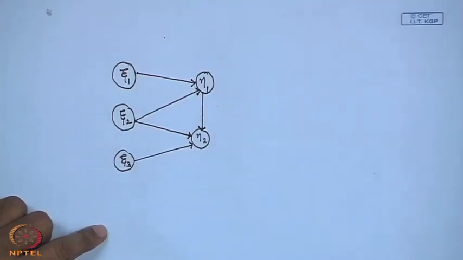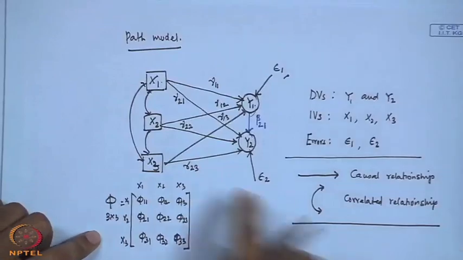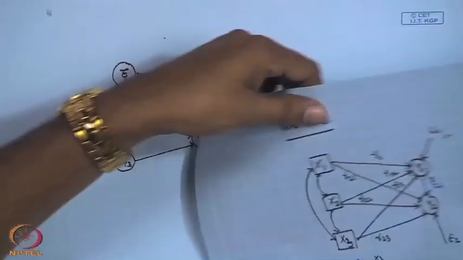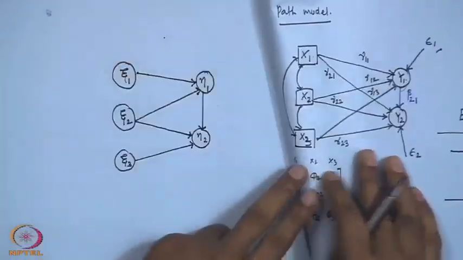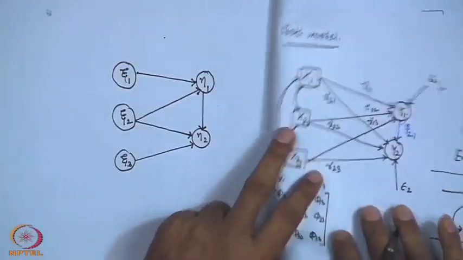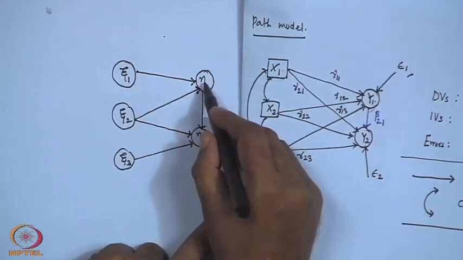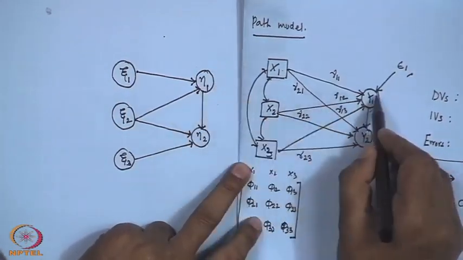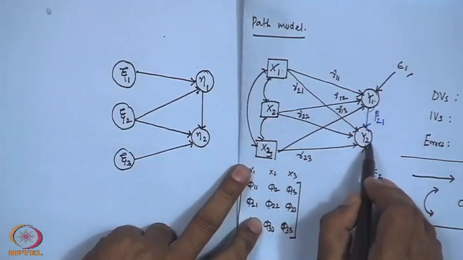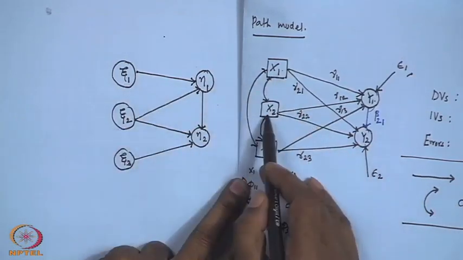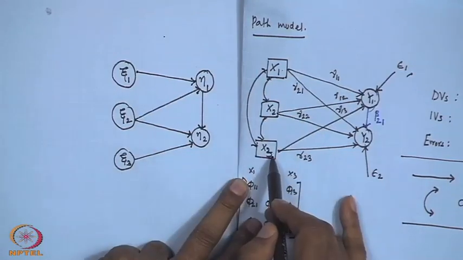So, under this condition, if you see the path model equation, let me find this path model. Yes, this is our path model equation. If I keep these two side by side, what is happening here? We are writing eta 1 in place of y 1, eta 2 in place of y 2, xi 1 in place of x 1, xi 2 in place of x 2, xi 3 in place of x 3.